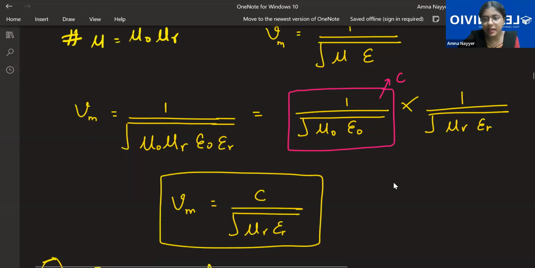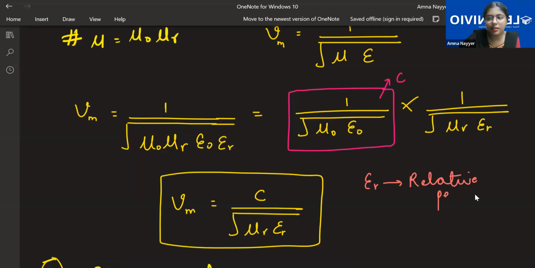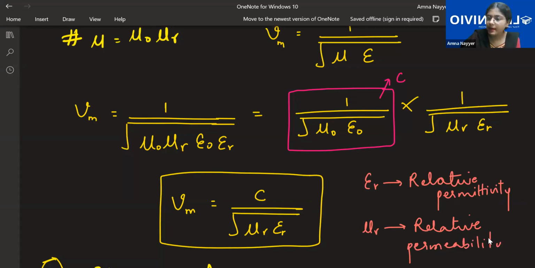Epsilon r is the relative permittivity, and mu r is the relative permeability. Got it?